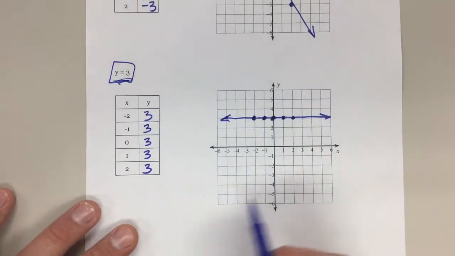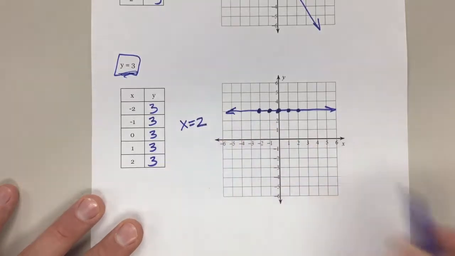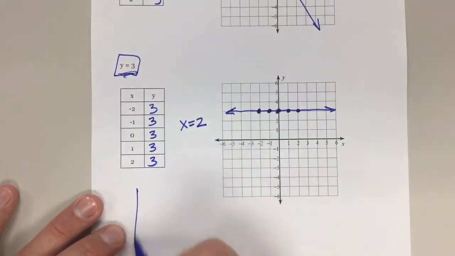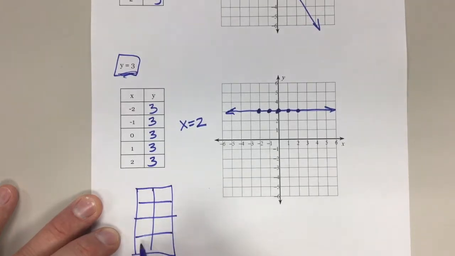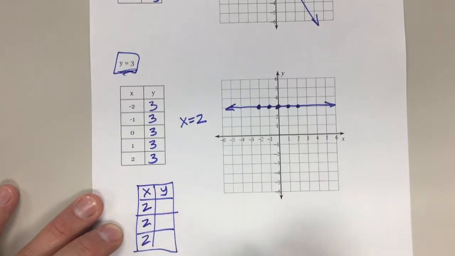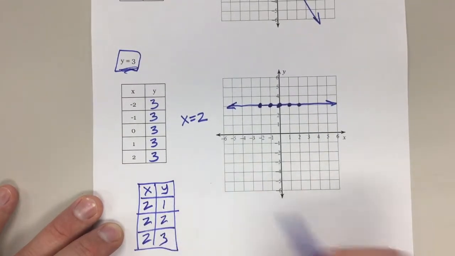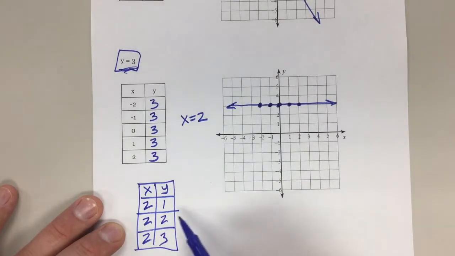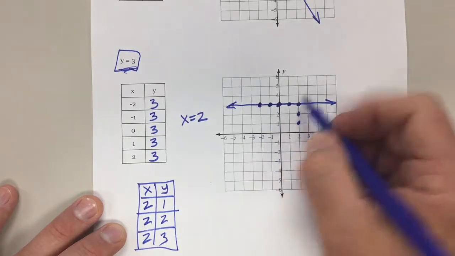The other equation you might see is simply like x equals 2. When that's the case, that means that in my xy table, the x is always 2, no matter what the y is. So I can put any y in I want. And then when I graph these, I get 2, 1, 2, 2, 2, 3.